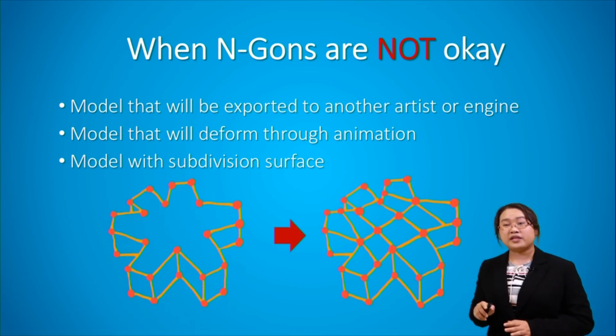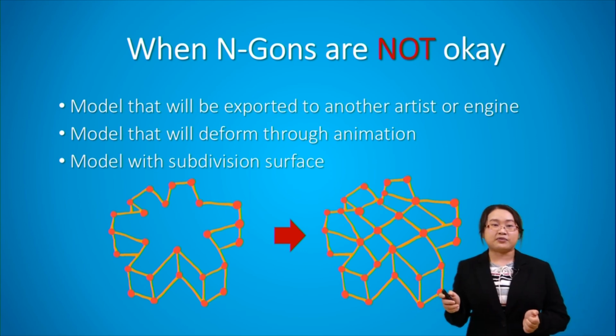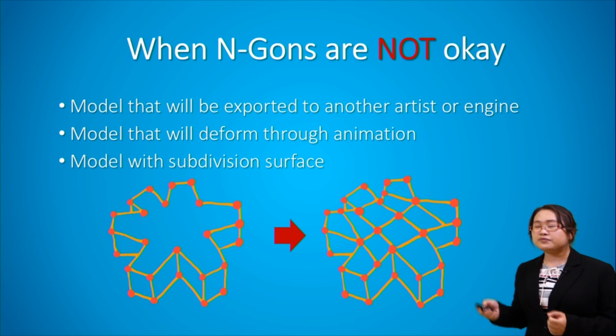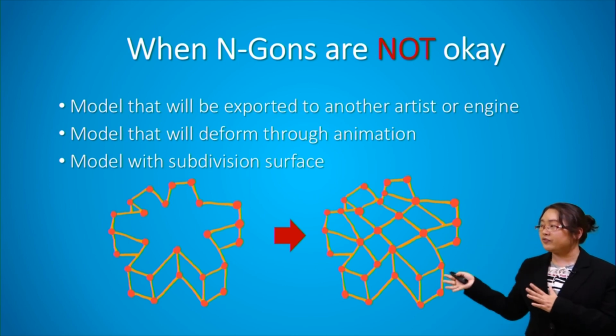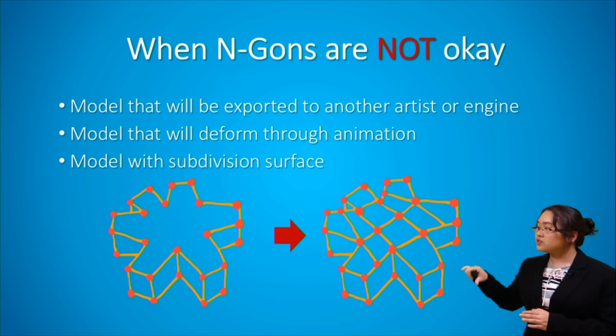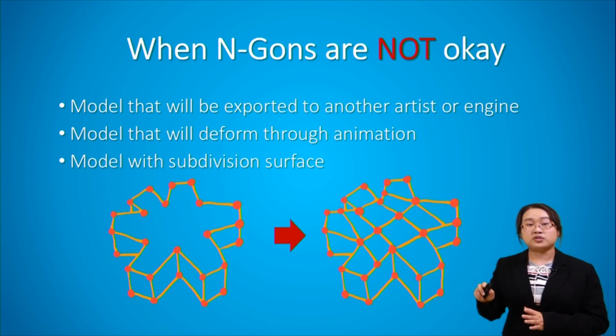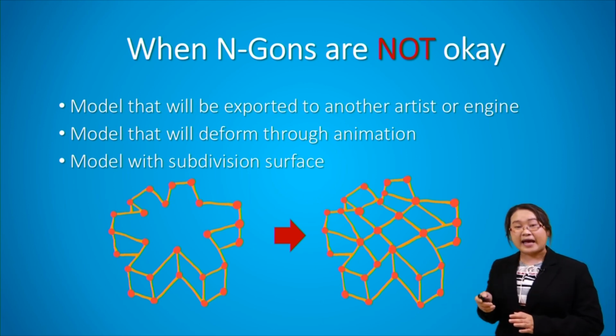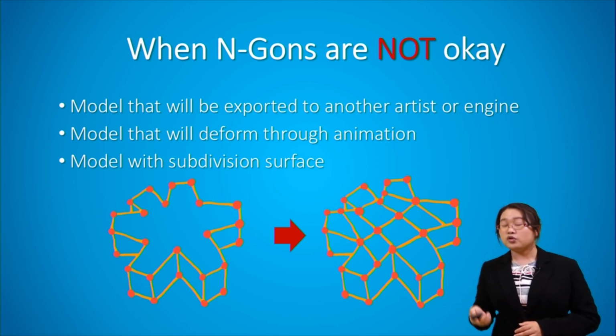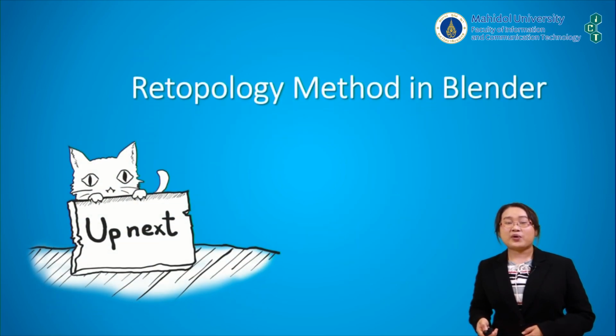That is totally not okay because subsurf does not work with the n-gon itself. As a suggestion, if you really need the model with that shape, you can try to separate the n-gon manually into several small rectangles, and in that case, your model will be fine. In the next video, let's see how you can use retopology within Blender.